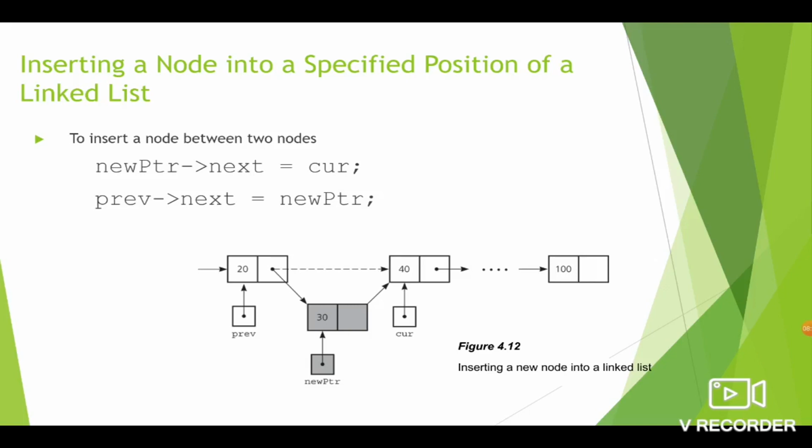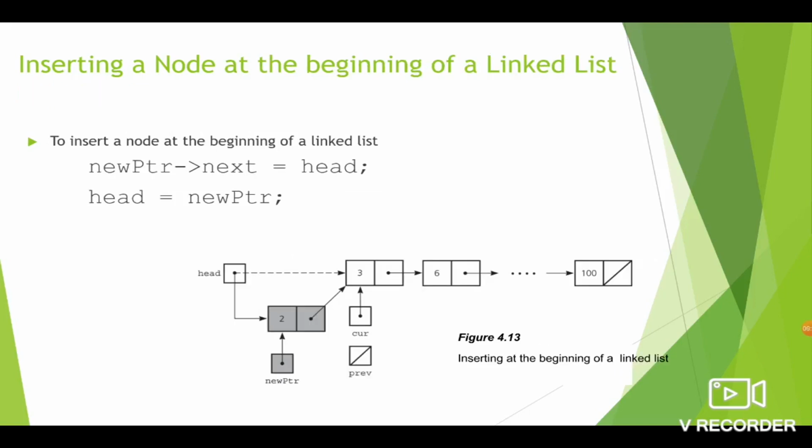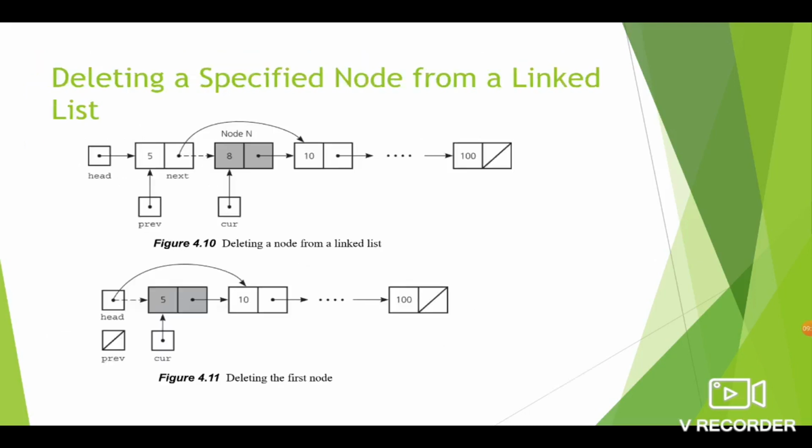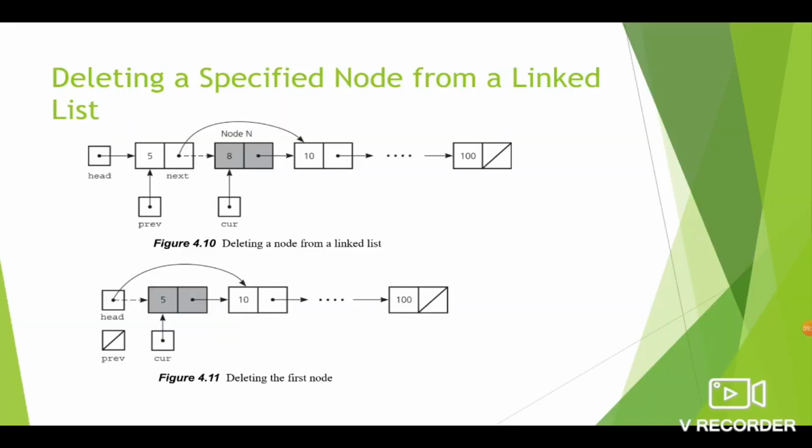So for insertion, how the node is inserted in a specified position, how the new node is inserted at the beginning of the linked list, how the new node is inserted at the end of the linked list. Similarly, for deletion also, you can delete the node from the linked list in a specified position, or you can delete the first node, or you can delete the last node.